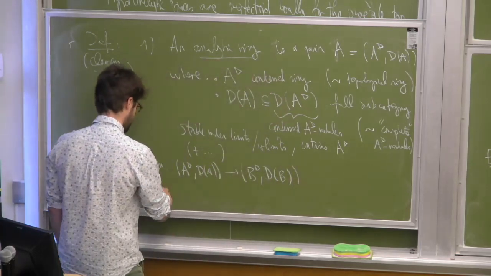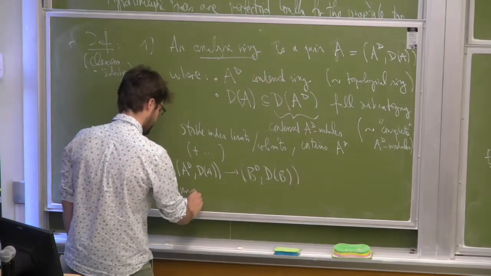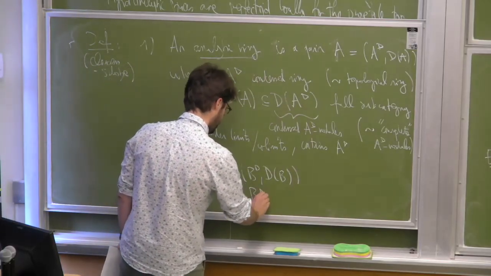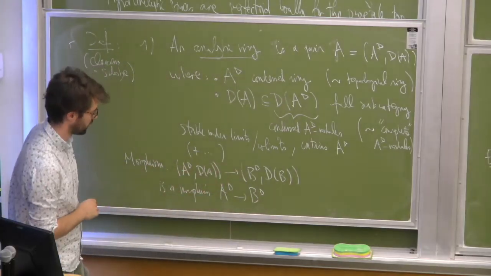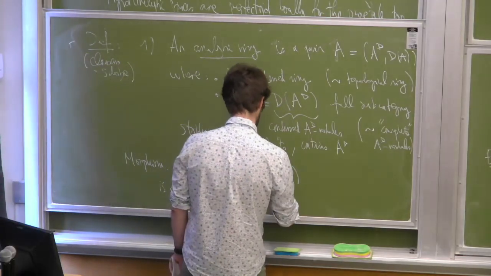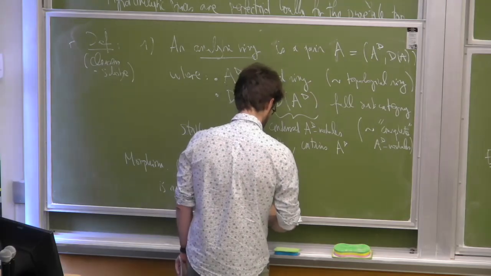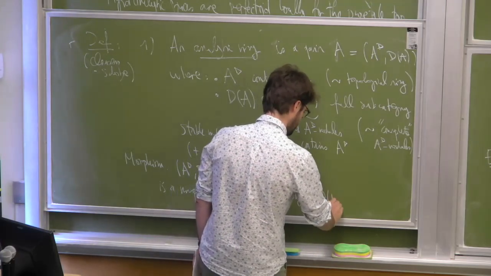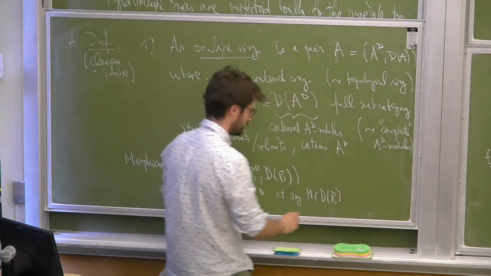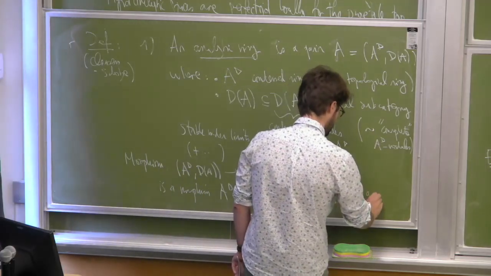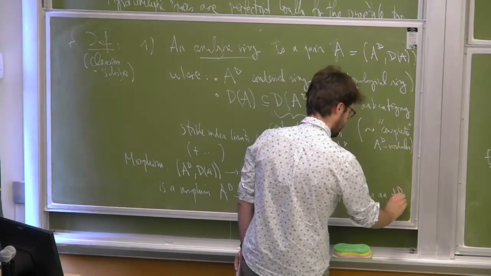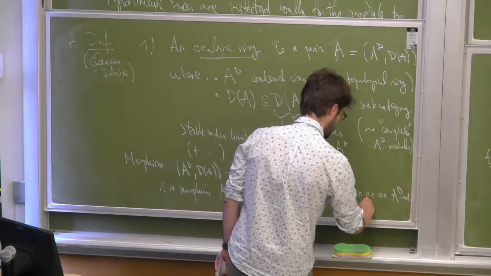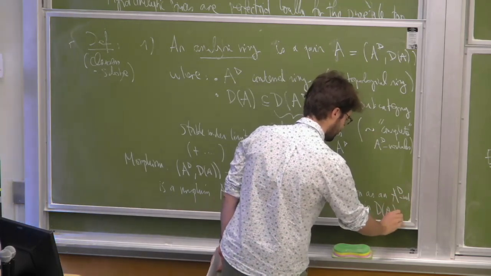It's a morphism of condensed rings which is compatible with this data, in the sense that any M in TV, when you see it as an A-triangle module via the forgetful functor, is complete as an A module.